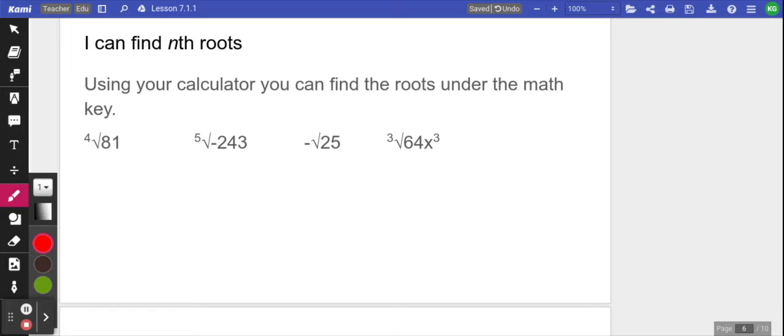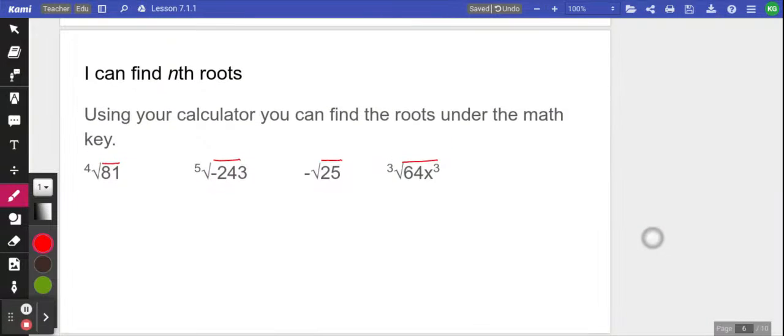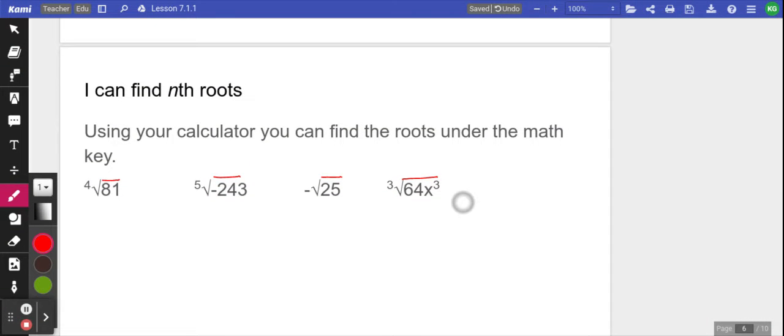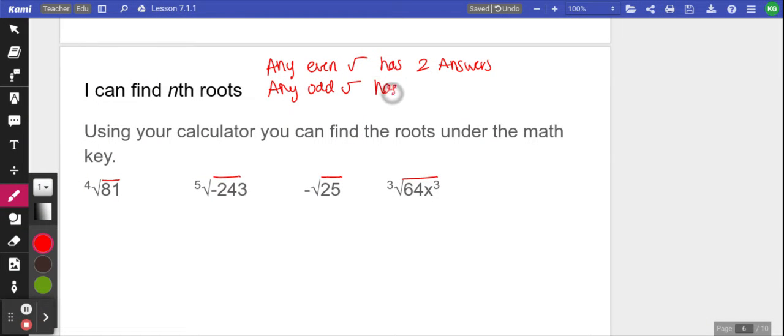Okay, then we go on to this slide. We have fourths, fifths, square, and a third. One thing we talked about is square roots, how they have two solutions. Any even root has 2 answers, and any odd root has 1 answer.